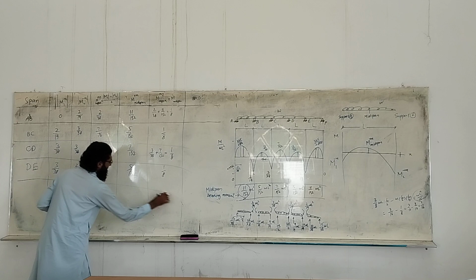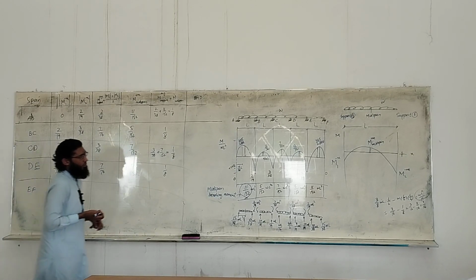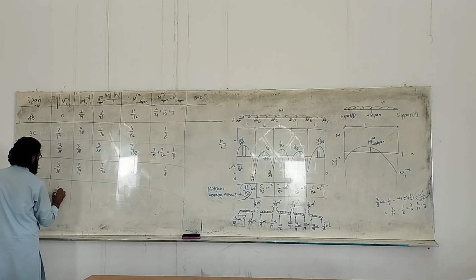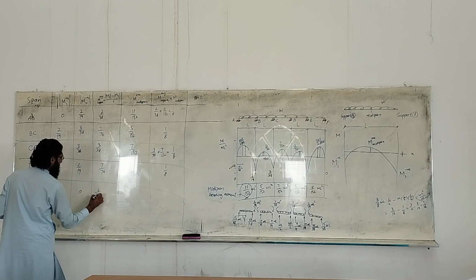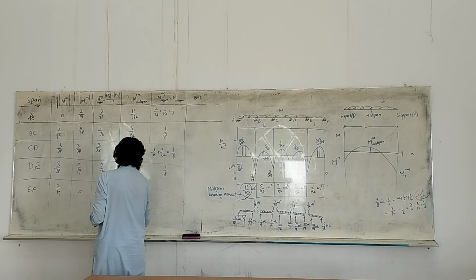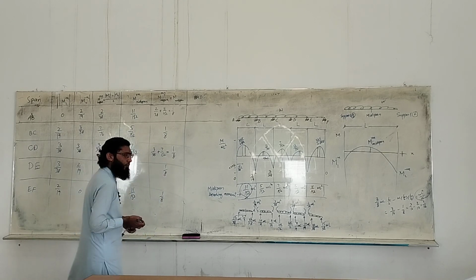Okay, the last span, EF. Okay, 2 by 19, 0. So the average is 2 by 38, and this should be 11 by 152, and then the sum is again 1 by 8.